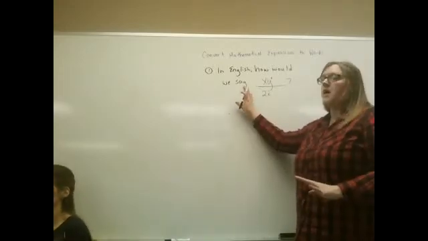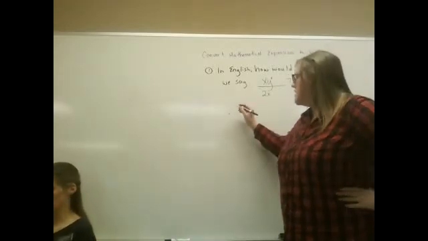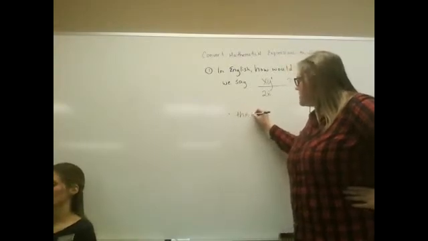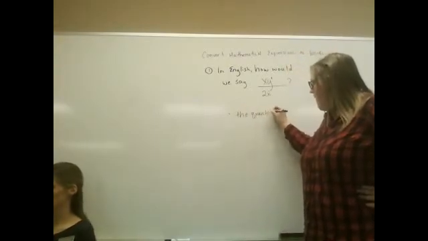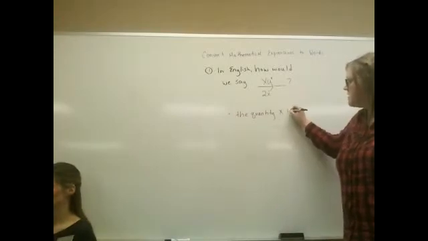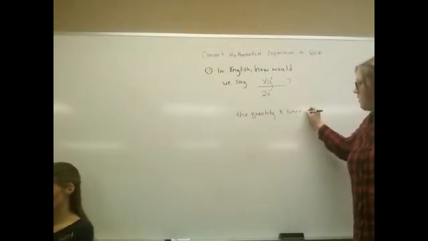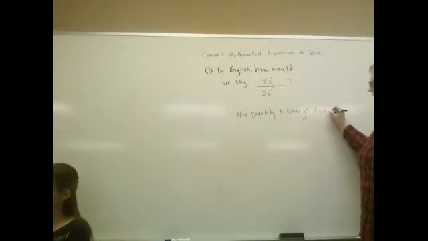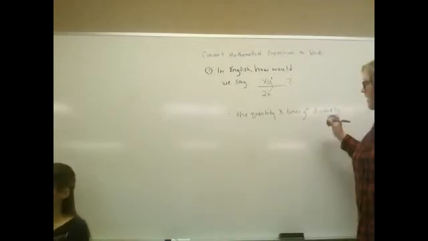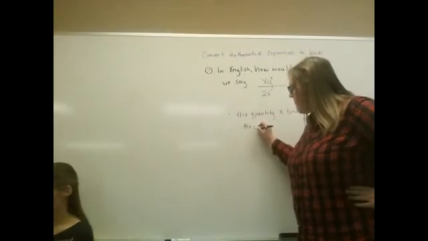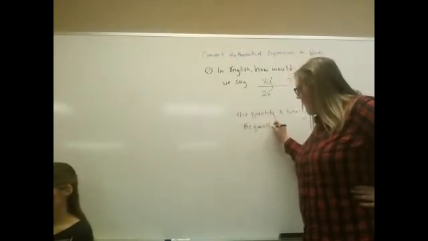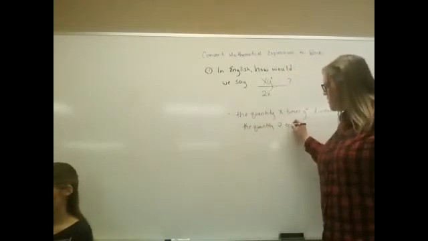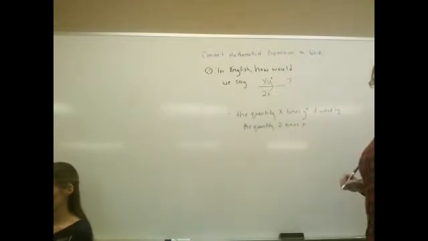So for this one, a way to say this that makes it very clear is: the quantity x times y to the fourth, divided by the quantity 2 times x.